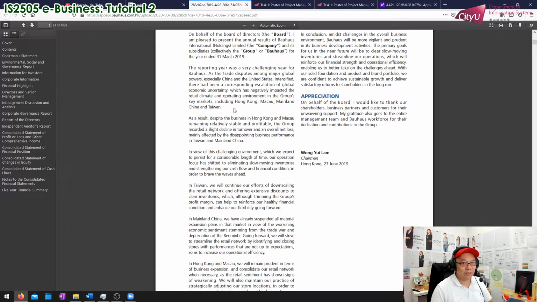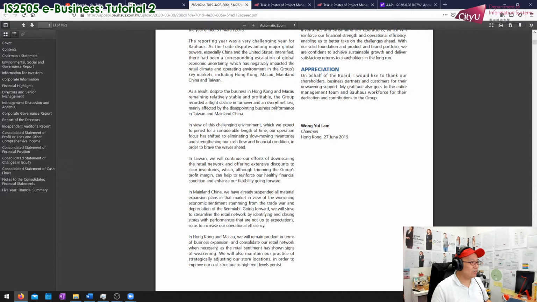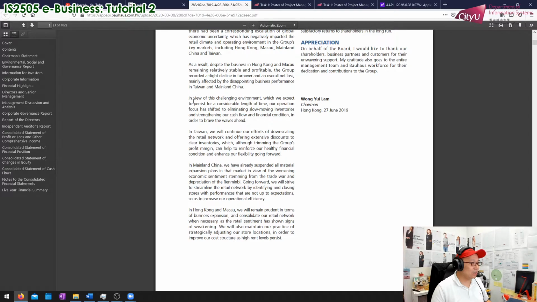And I think if I had access to the latest financial data they have, the situation is even worse for 2019 to 2020. Okay, now let us move on. They will tell you what is happening in Hong Kong and Macau, and in Taiwan, and in mainland China, and what they want to do in Hong Kong and Macau, something like that. It gives you some idea.